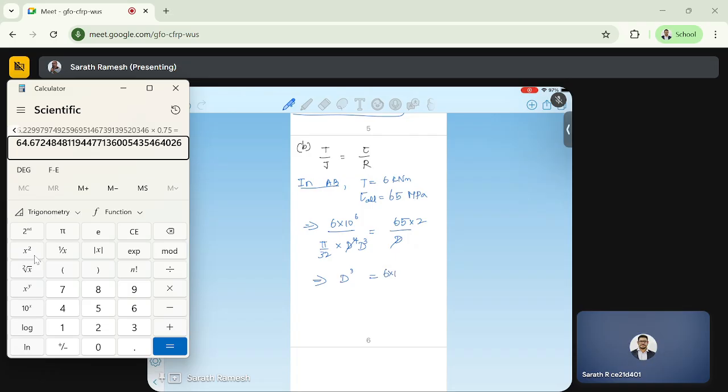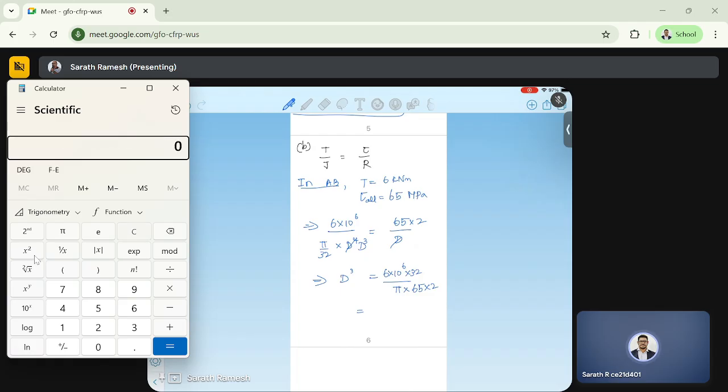d cube will be 6 into 10 to the power 6 into 32 by pi into 65 into 2. Correct? Yes.